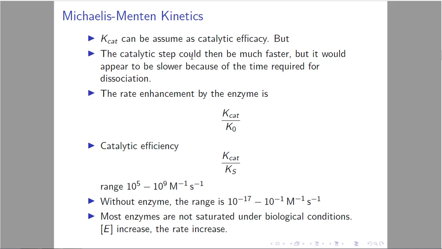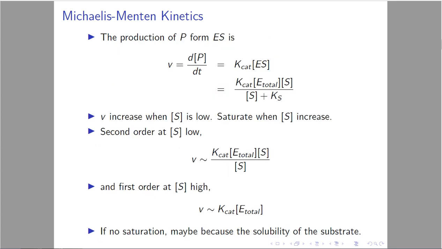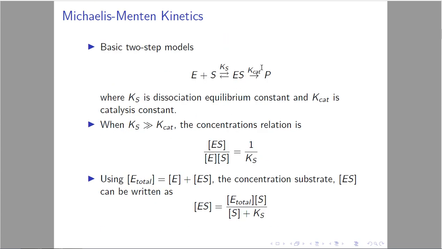It should be faster, but it will appear to be slower because of the time required for the dissociation. Here ES dissociates to become P. If it takes a lot of time, Kcat will be much slower.